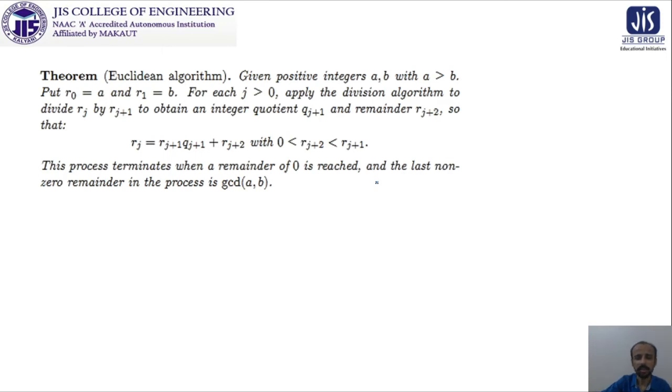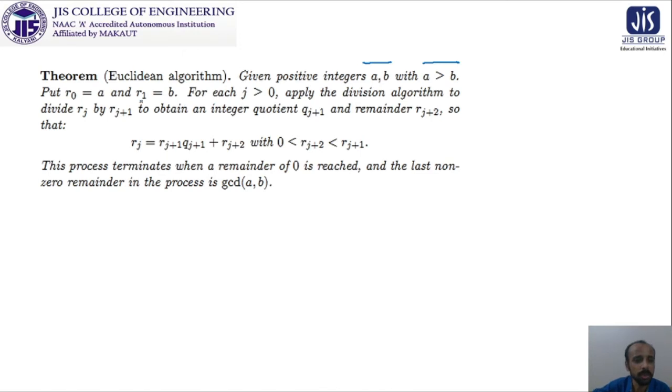So if we proceed further, we get the formal presentation of the Euclidean algorithm, the theorem. This tells us, given positive integers a and b, because these two will be given, and obviously we take one greater than the other, because if they are the same, the GCD will be that same number.